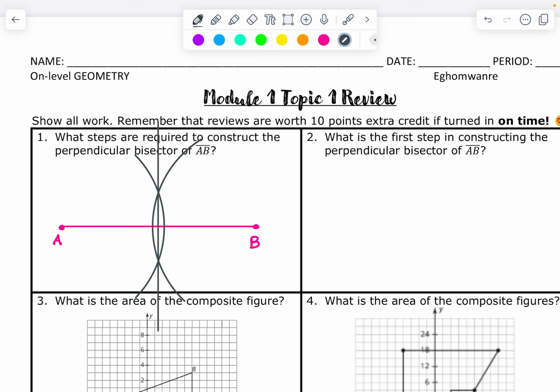So let's write down these steps. Step 1, pretend AB was already there, so don't worry about drawing AB.